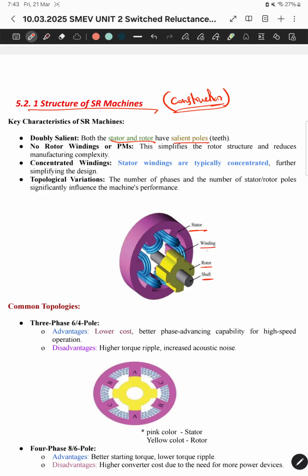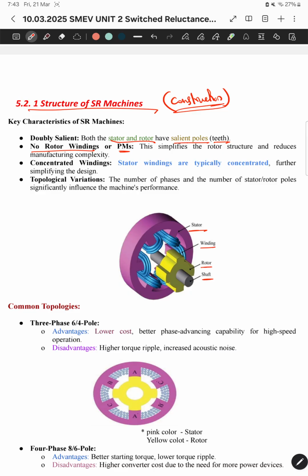These are all the common parameters that we normally use in any machine. In both the stator as well as the rotor, the type is salient, that is, projecting poles will be there, which we also call teeth. One more characteristic is that there are no rotor windings or permanent magnets. As we already discussed, there are no permanent magnets, so there is no effect of demagnetization.